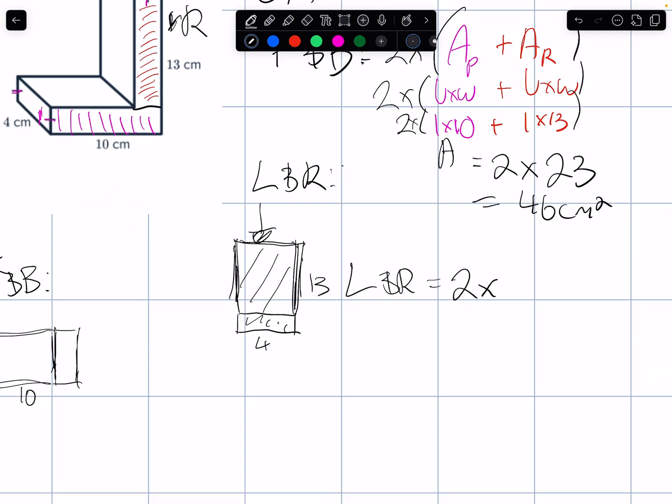So 2 times length times width, which is 2 times 13 times 4, which is 104.